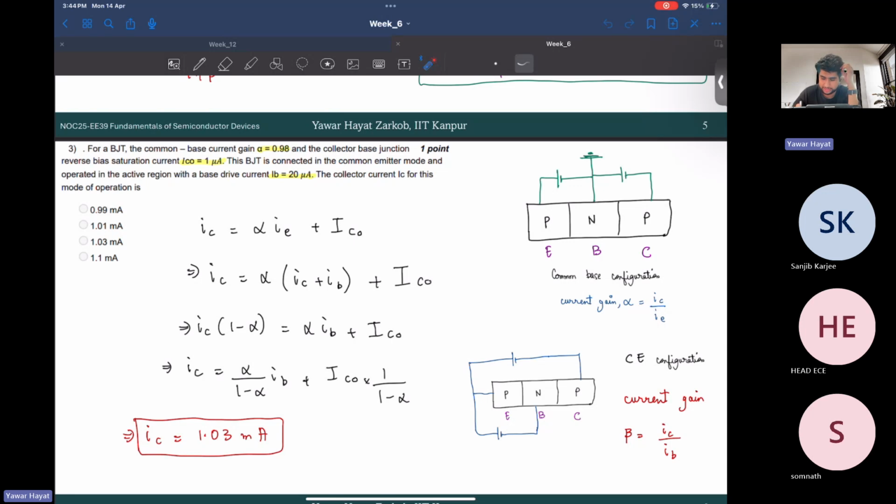Why I'm writing this is because we were given a BJT that had a common base gain, and this BJT is connected in the common emitter mode. In common emitter mode, the current gain is IC by IB. So that's why I draw both the configurations.